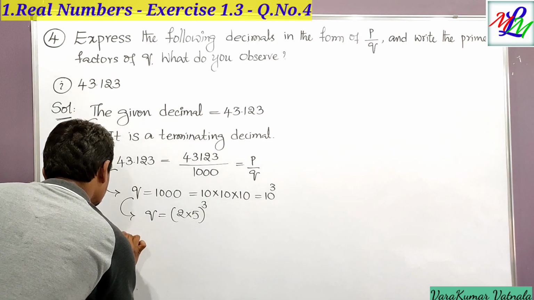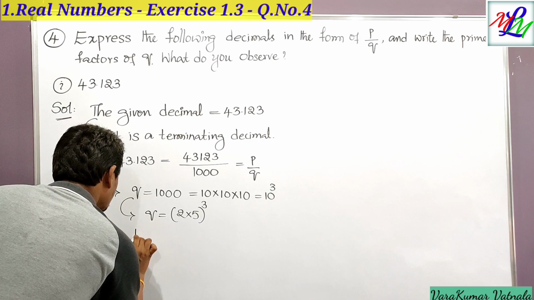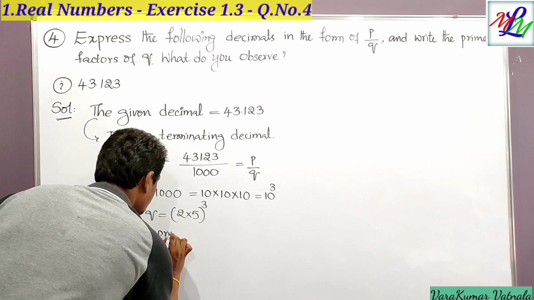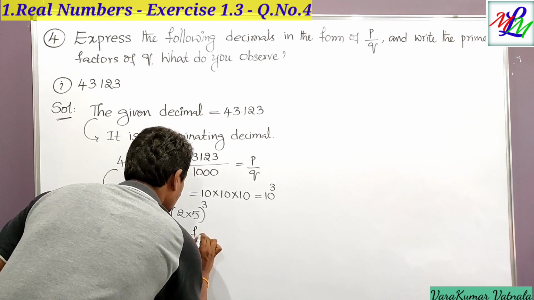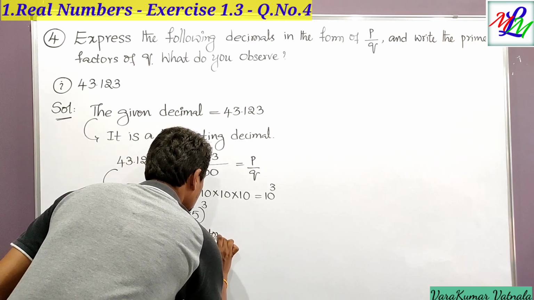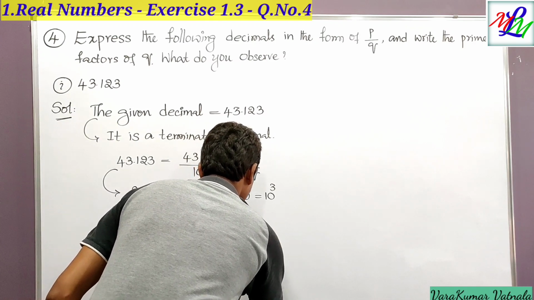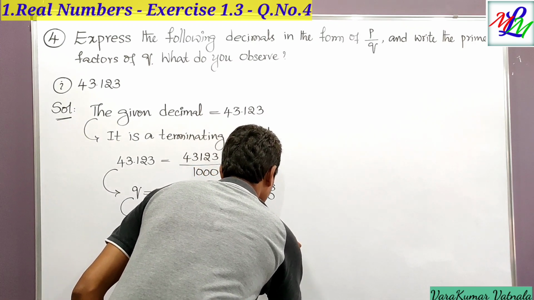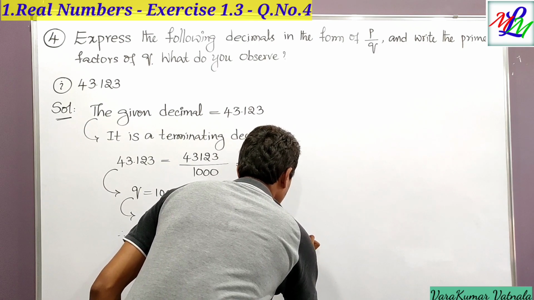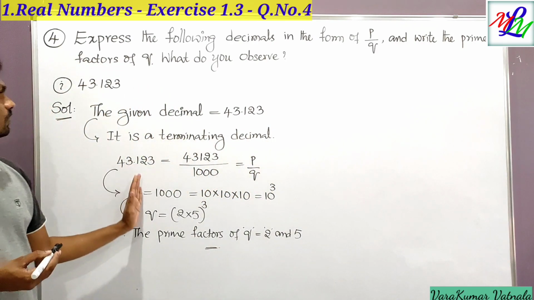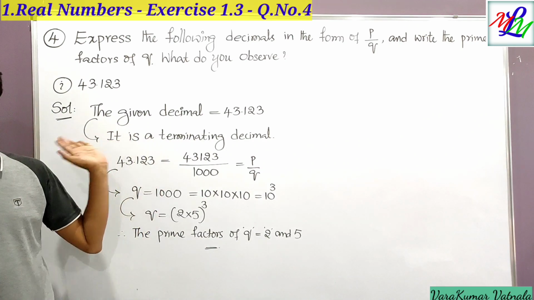The prime factors of q are 2 and 5. So this is the first bit.